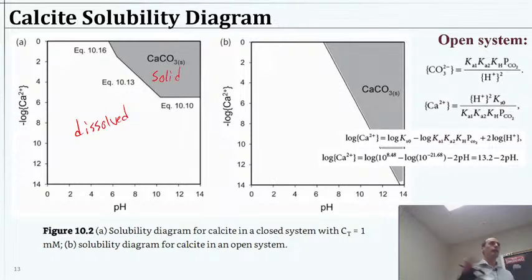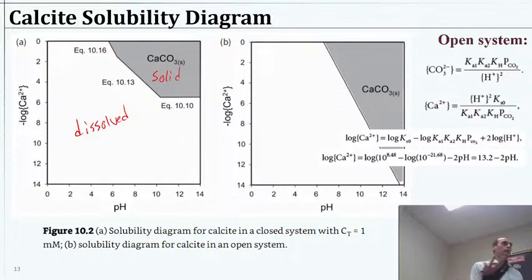So that's the simplified, or I guess the direct, way to generate a solubility diagram. It's nothing you haven't seen before, but I just wanted to put these pieces together a little bit and show you how we could get at those equations.